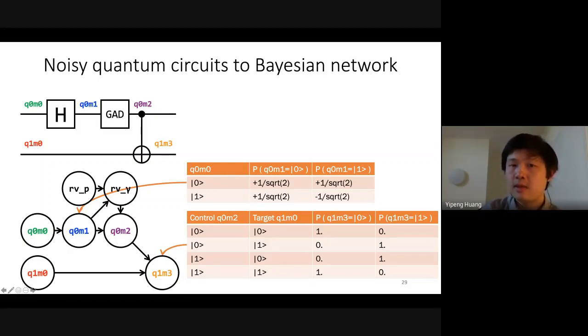And you can roughly see that these tables correspond to the unitary matrices that you would have from the quantum circuit. Right? And so this table here, for example, at the Q0M1 node, corresponds to the Hadamard gate. So the Hadamard turns into a table looking like this. And then the CNOT that you have here turns into a table that looks like this.